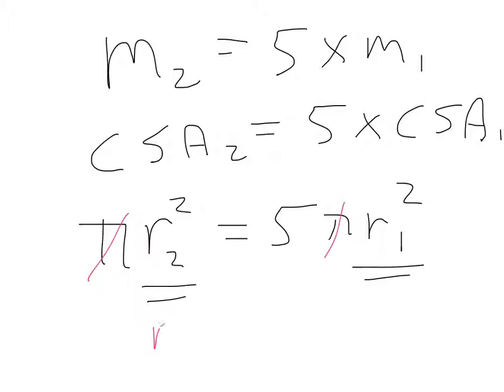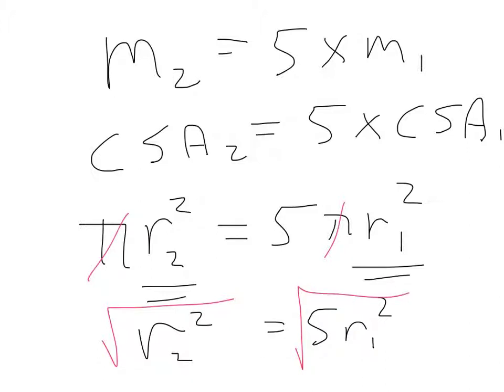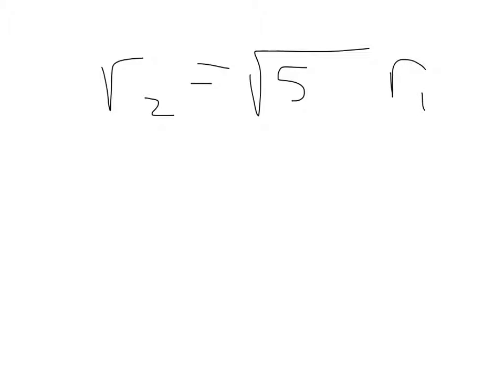And we can say that r2 squared is equal to 5 r1 squared. So let's take the square root of each side, go to a new slide, and we find that r2 is equal to the square root of 5 times r1.